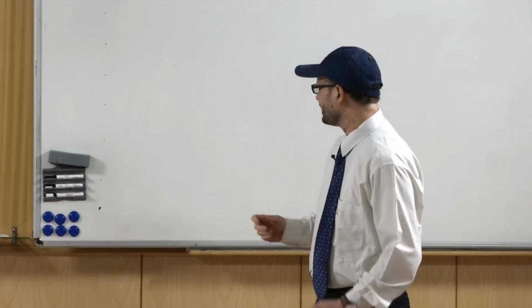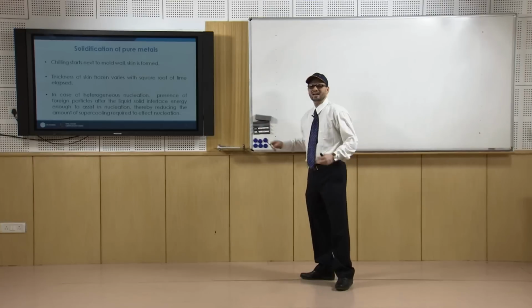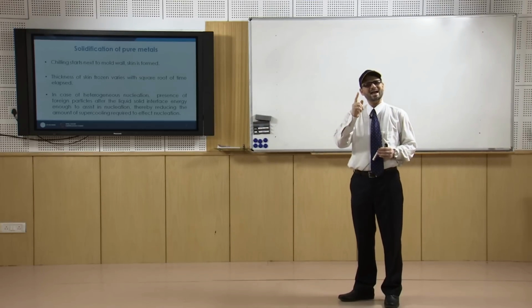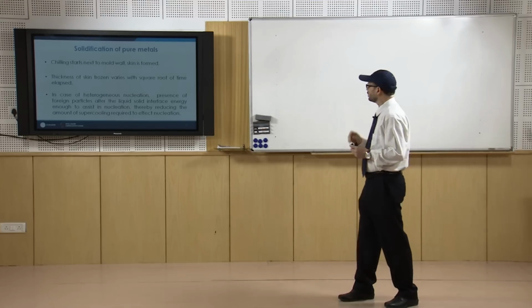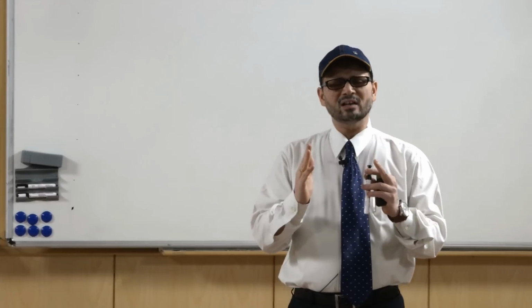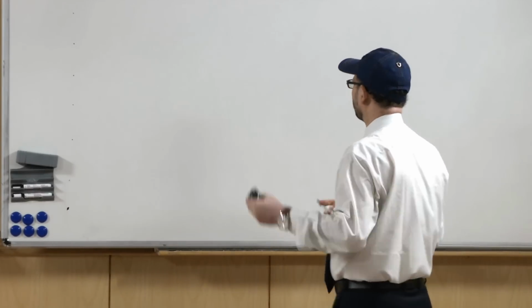Now, we have already understood that in case of pure metals, the solidification is at a constant temperature. So, basically what happens when the liquid metal is poured into a cavity.